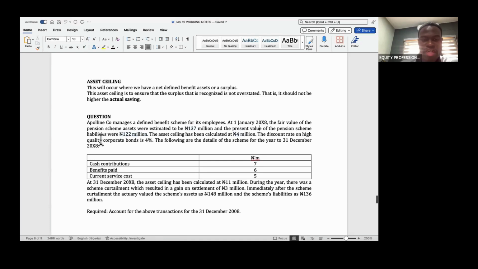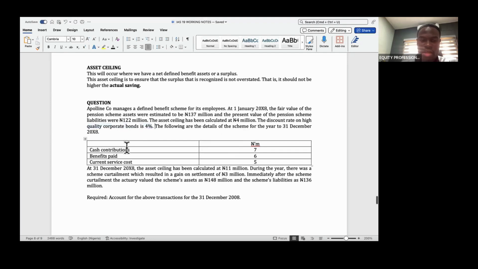So discount rate on high quality corporate bonds. This one is a very expressive correction. I remember I told you that practically the way you get this discount rate is looking at corporate bonds that are high yielding. They told us in this correction. So the following are details of the scheme. They give us contribution, benefits, current service costs.